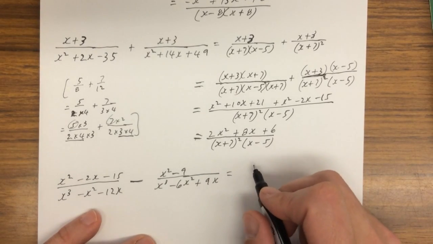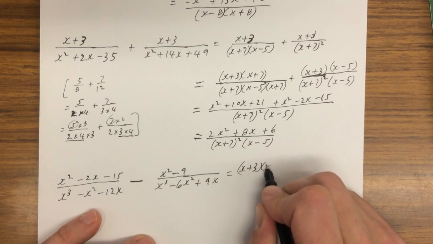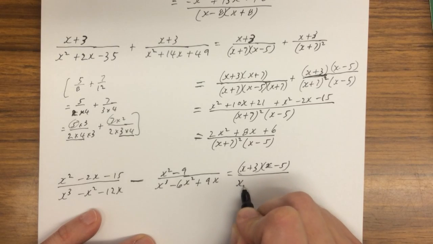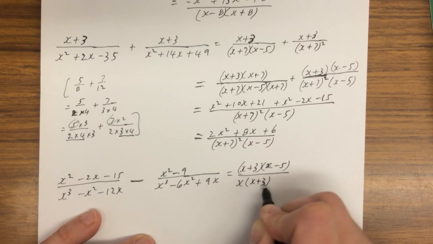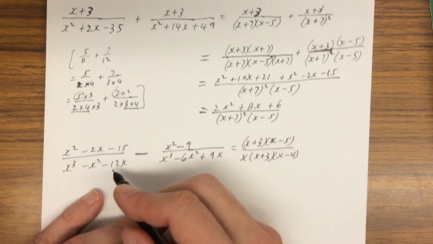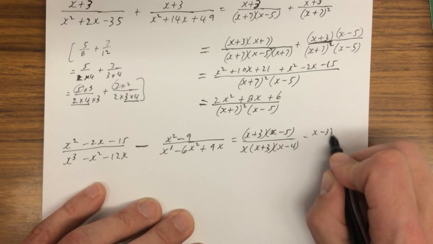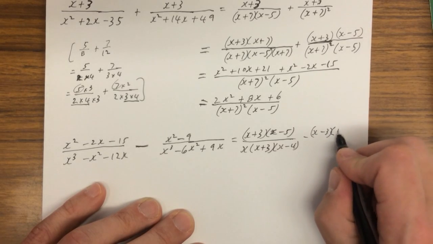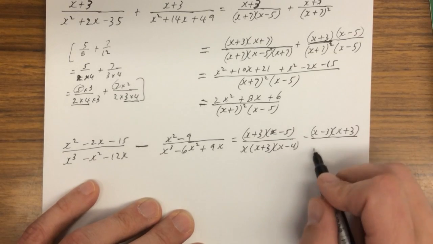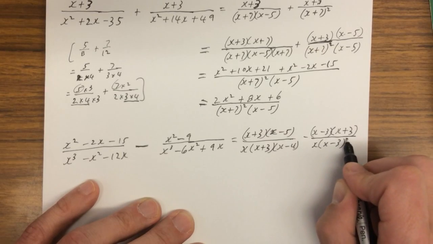The top would be x plus 3, x minus 5 over x times x plus 3 times x minus 4, common denominator of x on this, minus x minus 3 times x plus 3 over the bottom is x times x minus 3 squared.